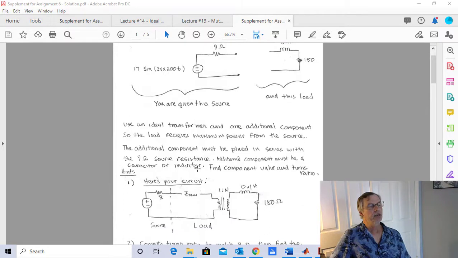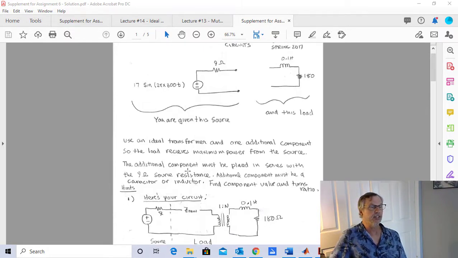I'm narrowing things down by saying the additional component has to be placed in series with the 9 ohm source resistance. You could also do it by putting the component on the secondary side, but when I assign this, I want all the solutions to look somewhat the same so it doesn't drive my grader crazy. So you have to put it on this side. And the additional component has to be a capacitor or an inductor.